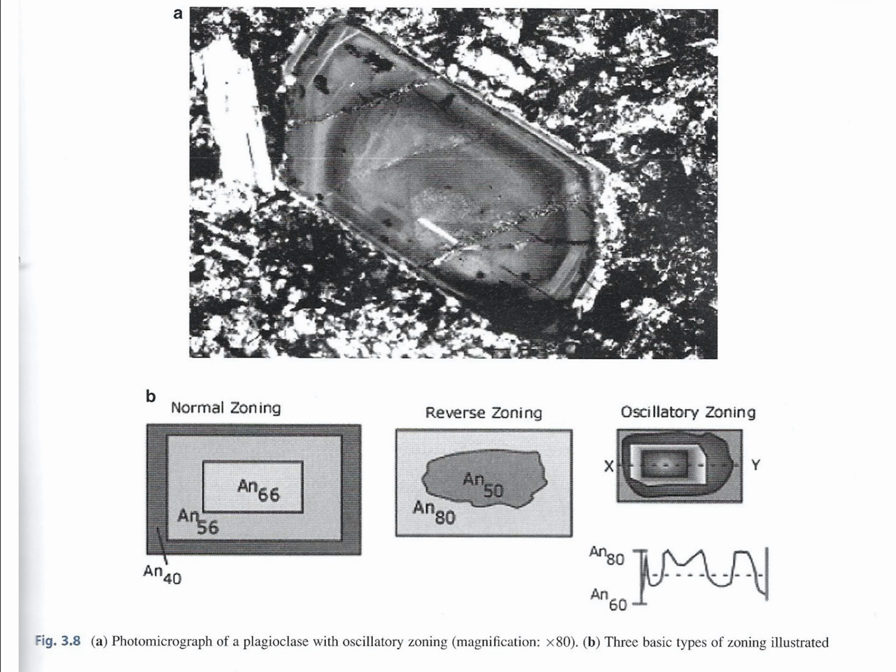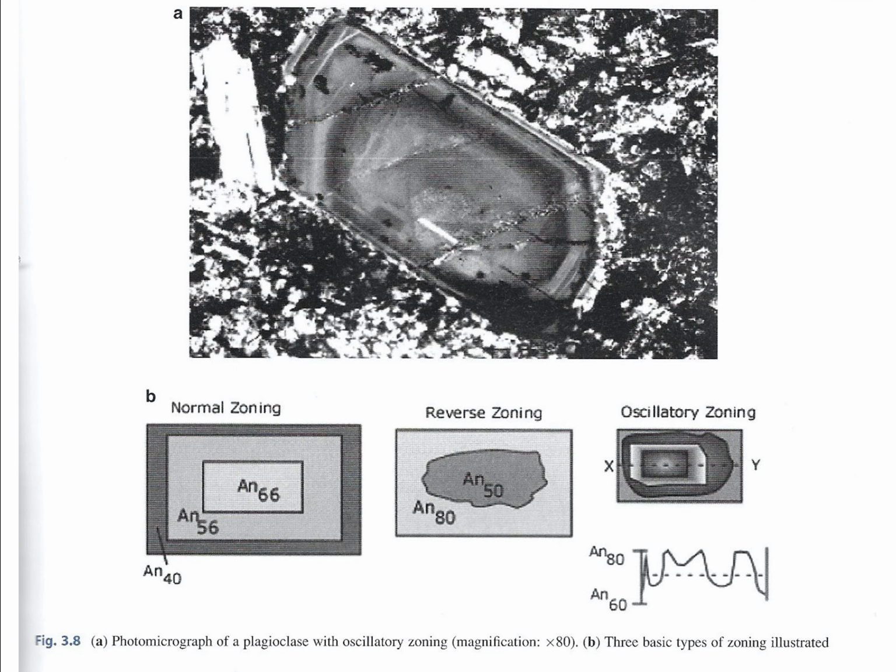So now in our next sketch map we have a reversed zoning. That means at the center we have 50% anorthite, that means 50% albite, and our rim is more sodium rich compared to the center, and that means our plagioclase was heated up.